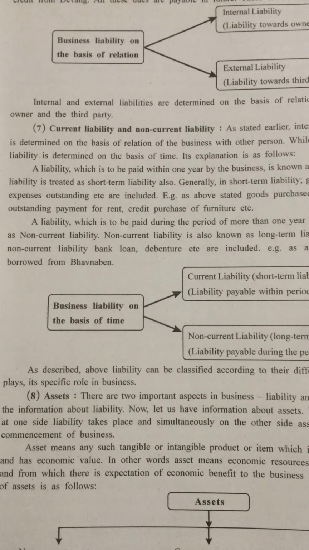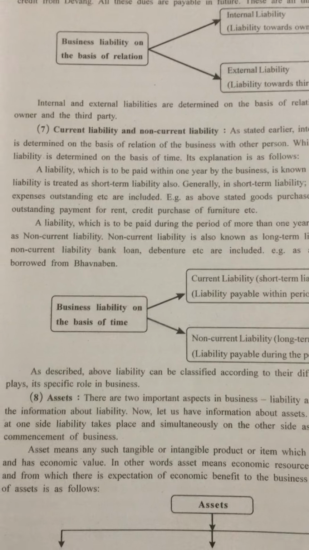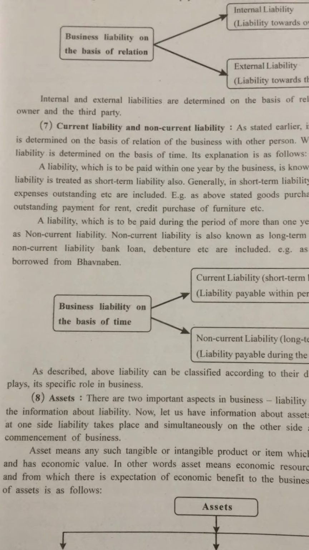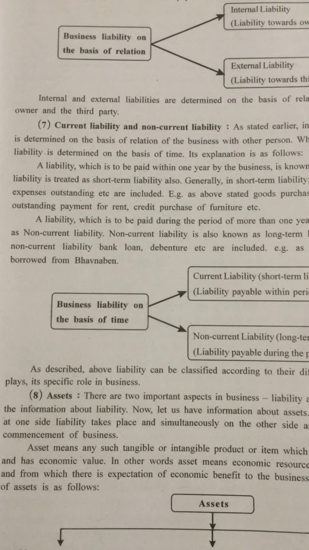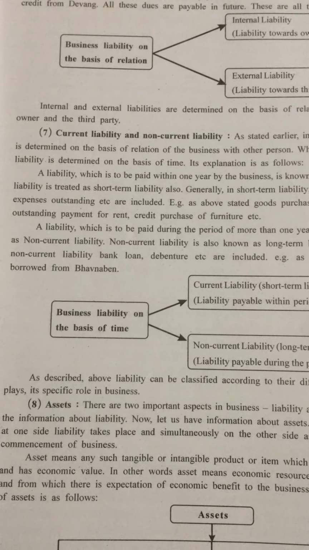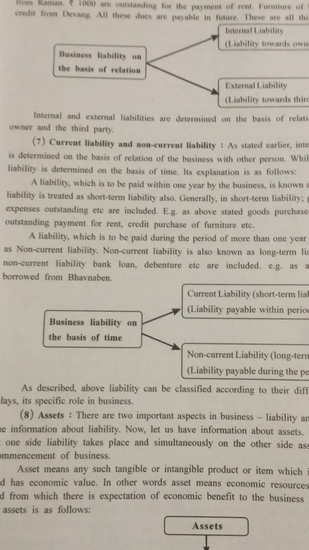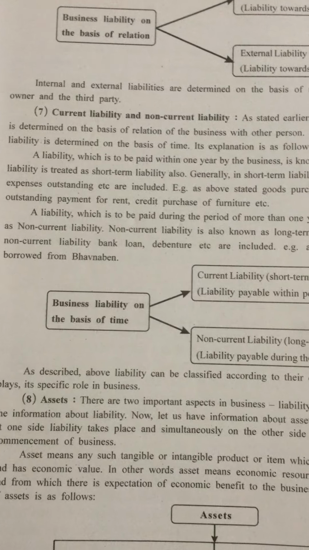A bank loan has to be paid within 5 years, within 10 years, so this payment is for a long period. That's why this is known as long-term liability, or non-current liability.